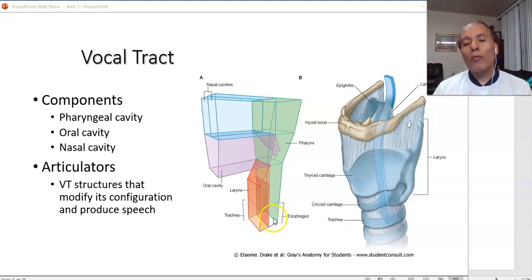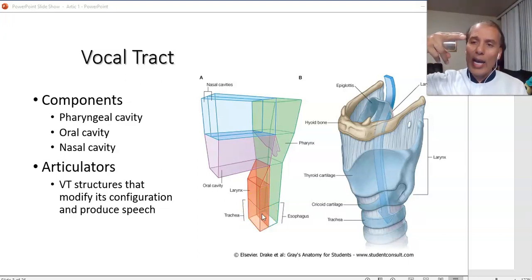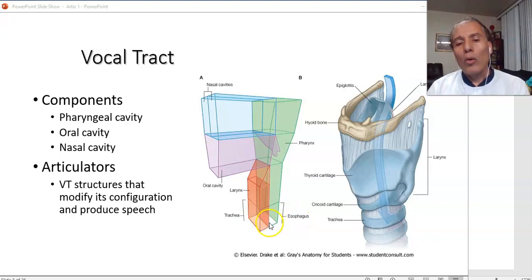The vocal folds lie underneath at the bottom of the vocal tract, inside of the larynx. When you produce speech, the vocal folds are adducted, closed, sealed, and the air squeezes between them. So basically it is closed at the bottom.